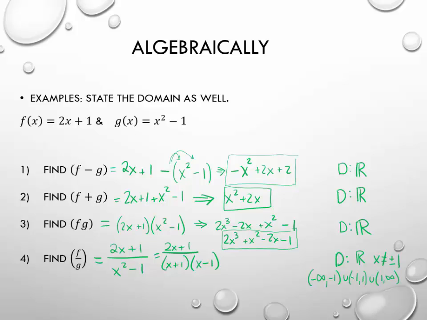Why can't it equal positive 1? Plug it in. If you plug it in right here, you'll realize that it gets 0 on the bottom. 0 is not good. So it can't have a 0 on the bottom.